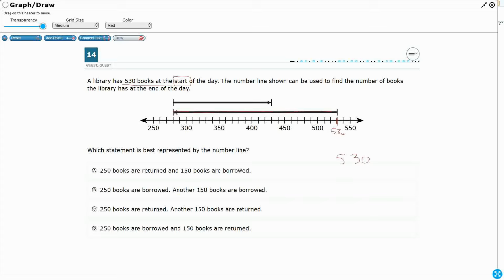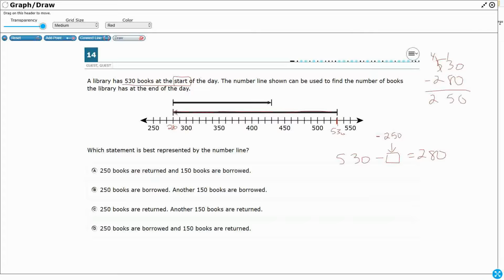I'm going to subtract something. And where's this going to end me up? That's going to end me at 280. All right, so 530 minus something is going to give me 280. I can use a fact family, and I can do 530 minus 280, and that is going to be 250. So something happens to subtract 250.